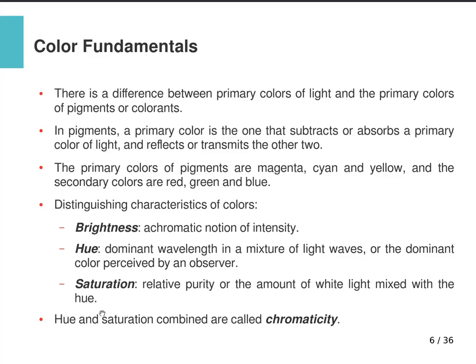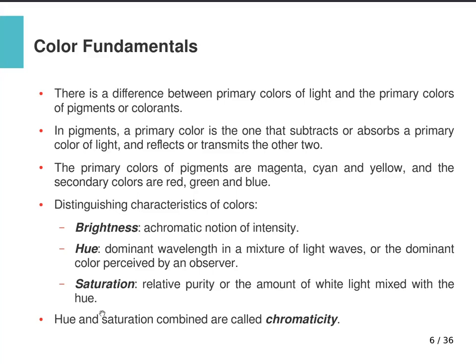So to distinguish different characteristics of colors, we have these three properties. We have brightness, which is the achromatic notion of intensity. We have hue, which represents the dominant wavelength in a mixture of light waves, or the dominant color perceived by an observer.